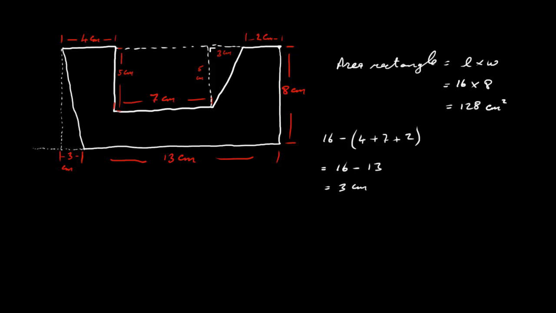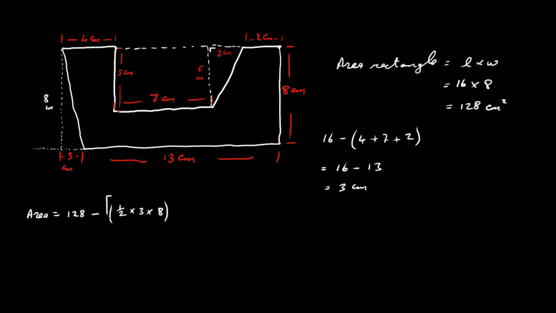So we'll write it down in full anyway. Our area is going to be equal to 128 centimeters squared, and then we're going to subtract these 3 shapes here. We're going to subtract this triangle here. A triangle's area is half the base times the height, so it's going to be half of 3 times 8. Remember, this is 8 centimeters up along here as well, because this is 8 centimeters here.